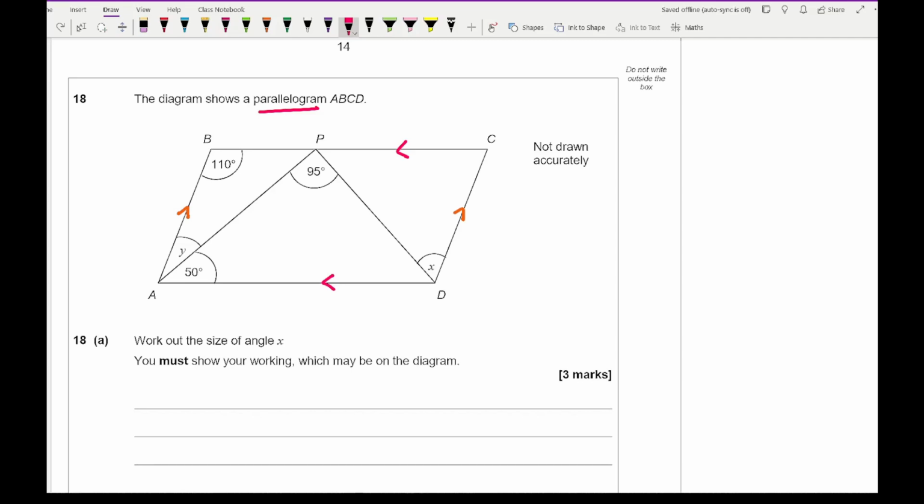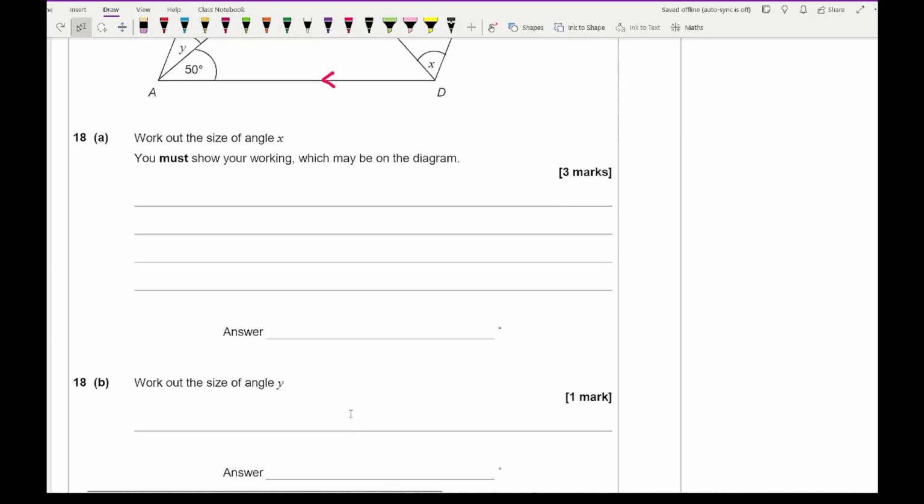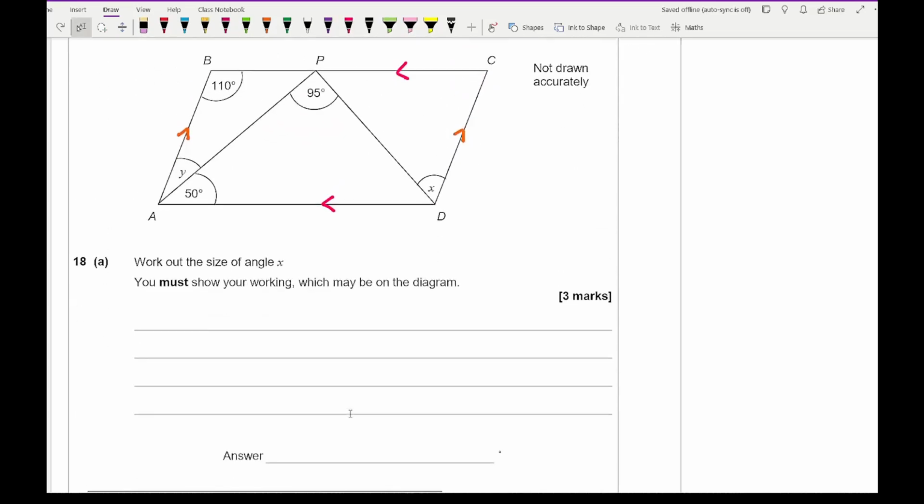So to work out angle Z, there's a couple of ways in which we could do this, and we don't need to. Part B asks us to work out y, so let's work out both x and y on this diagram. Looking at this, what we're looking for are Z's.